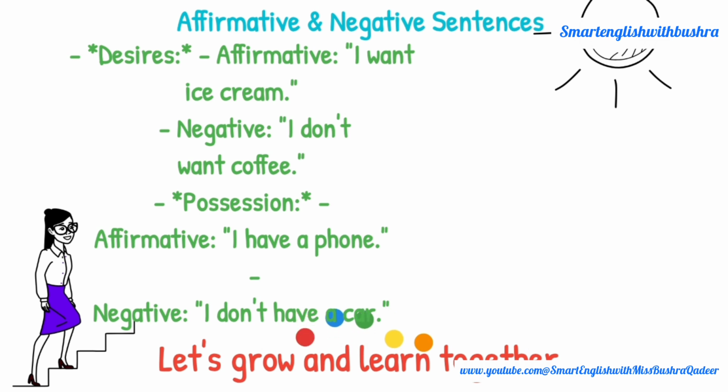So there are some affirmative and negative sentences. The desire one, I want ice cream, I don't want ice cream. Here we use don't and doesn't. Similarly, don't and doesn't with possession, right? And then I have to go there, I don't have to go there.